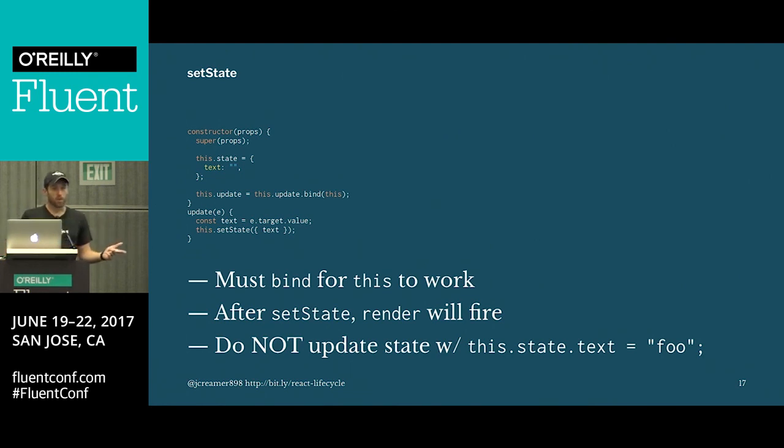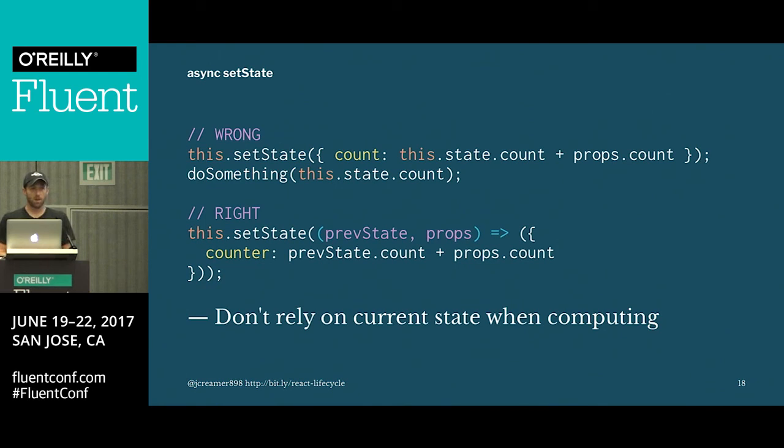It's important to remember, though, that you have to call setState in order to update your state. You can't just say this.state.text equals foo. You can't do that. You have to call this.setState. Another important pro tip about setState is that it is actually asynchronous. So if you're trying to compute state based on some other previous value, you can't just say this.state.count plus your props.